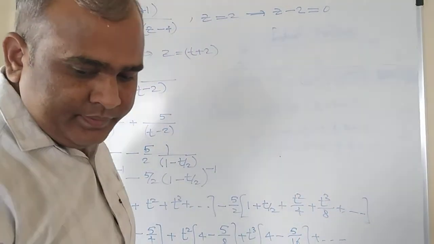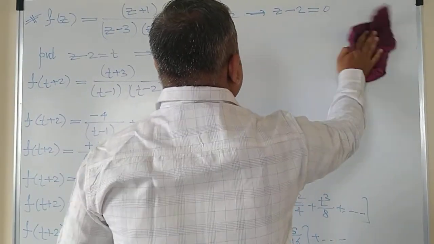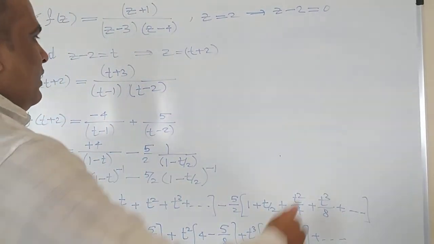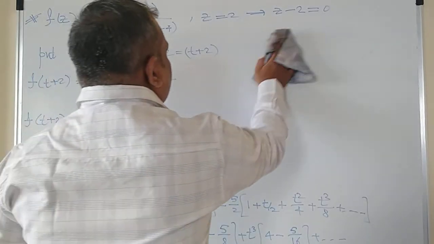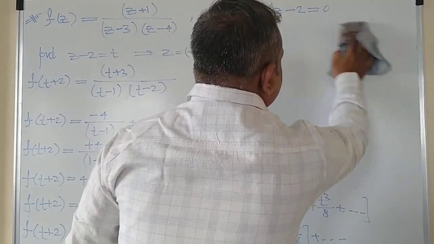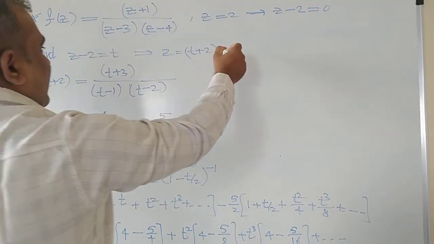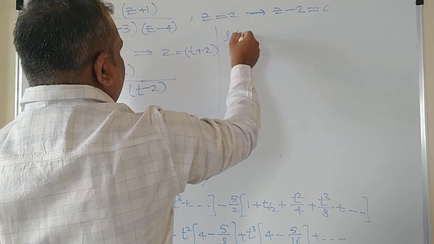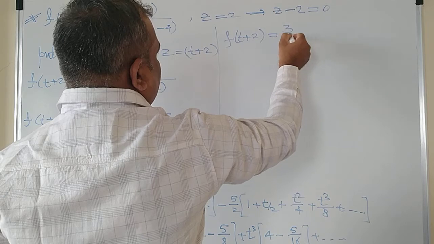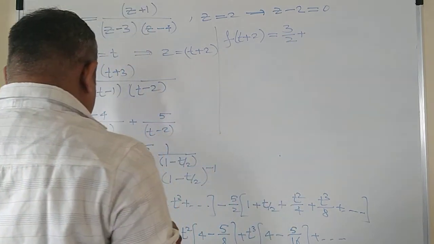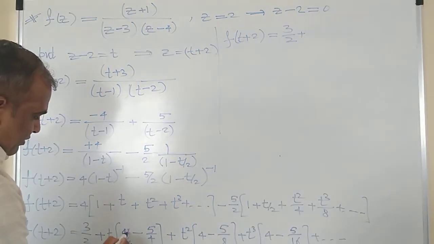I will write it here. Now just simplify the last step, and if you simplify this, your answer f of t plus 2 is equals to, first term 3 by 2 is as it is, plus, now 4 minus 5 by 4 will be equals to how much?